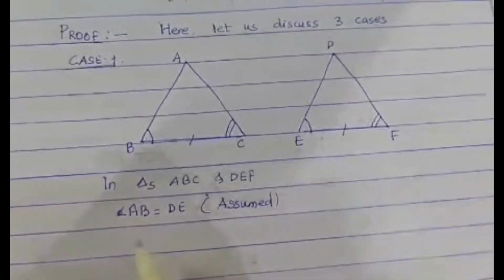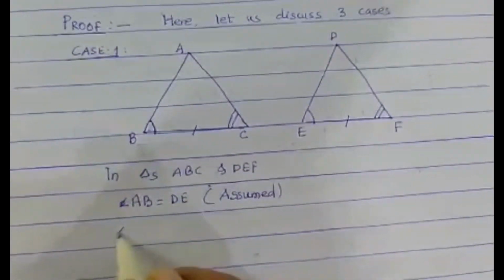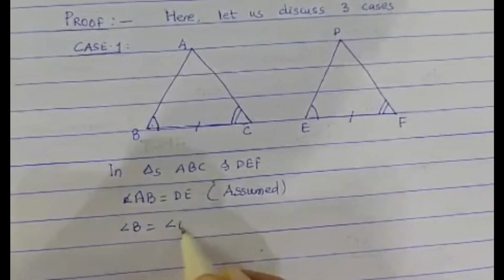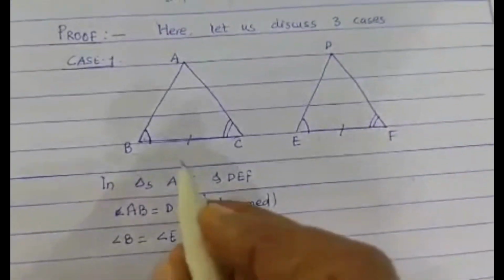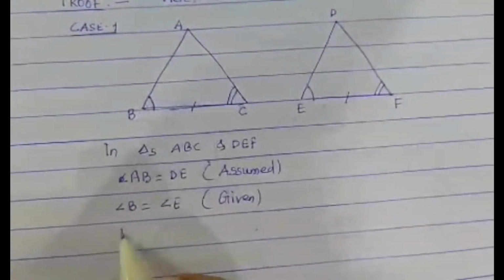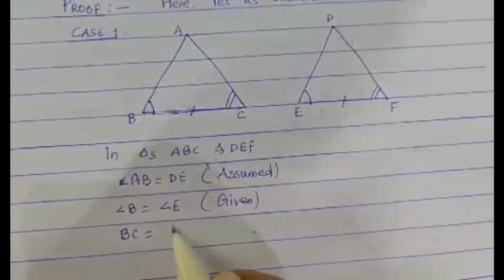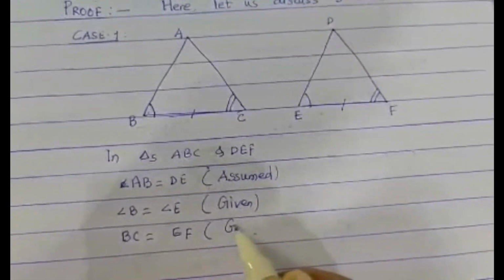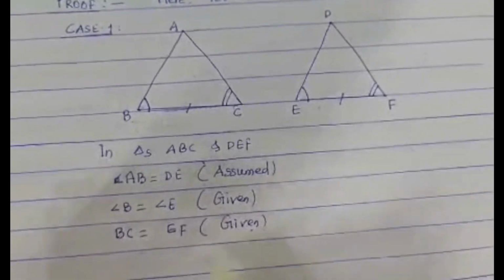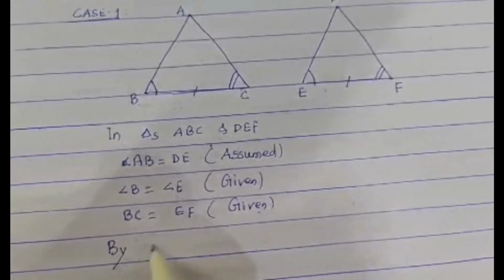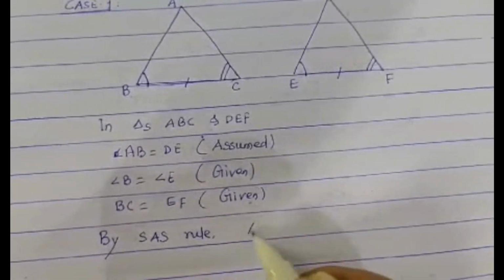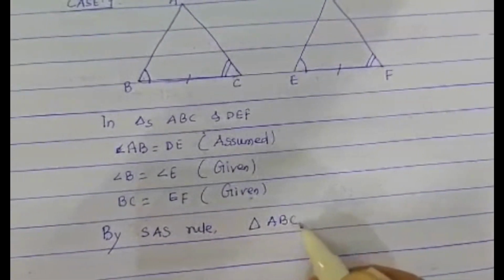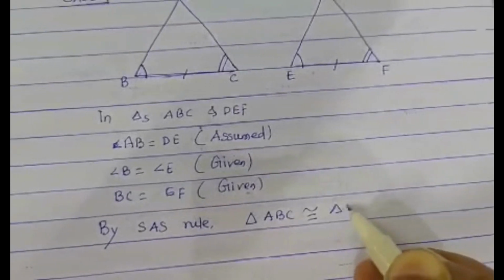Second one is this angle B equal to angle E. This is given. And third one is this side BC equal to EF. This is also given. So by SAS rule, we can say that triangle ABC is congruent to triangle DEF.